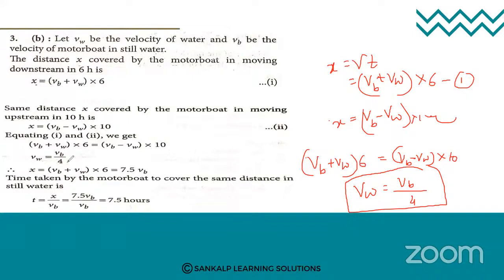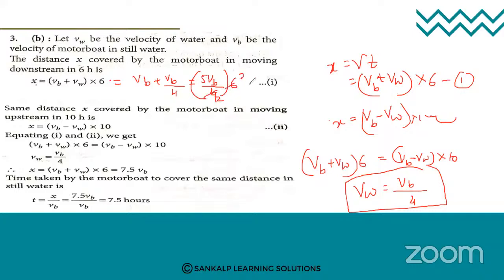So now we have the value of VW. We can substitute the value of VW in this equation. Substituting, we get VB plus VB by 4, which is nothing but 5 VB by 4 into 6.